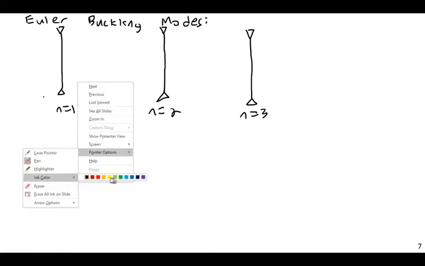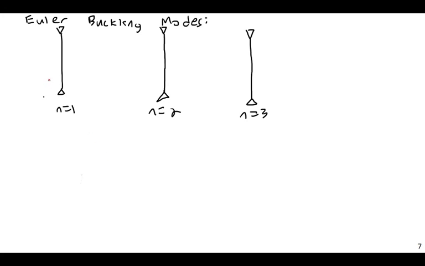Here, if you had n equals 1, this is our standard buckling like this. If you have n equals 2, you're getting buckling more like this, kind of like an S-curve. And n equals 3 is essentially the number of buckling zones that you're having. N equals 3 would be something like this. You can get these higher modes if you brace somewhere in the middle, but we don't need to worry about that right now.